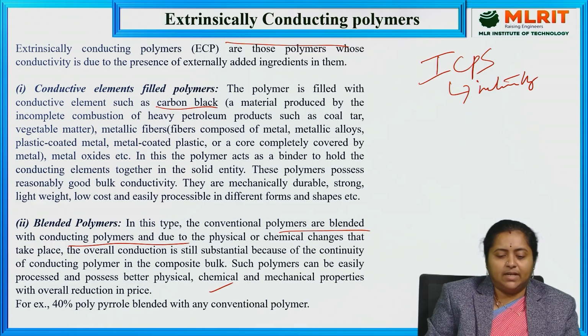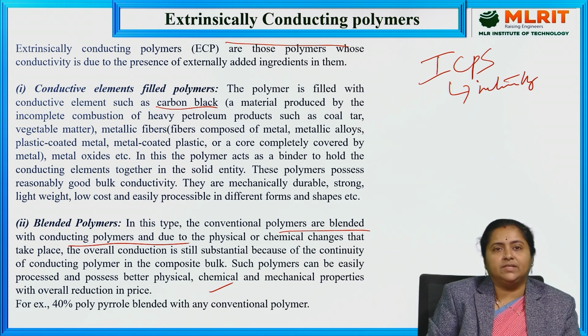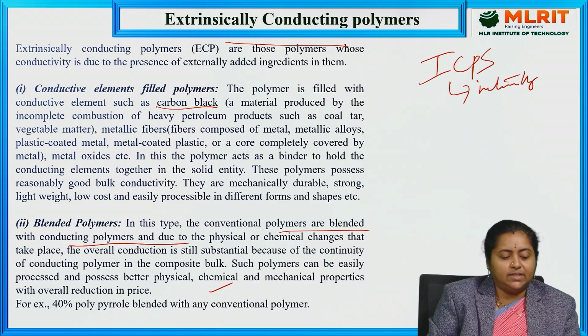So these will improve their conductivities. Such polymers can be easily processed, and they possess better physical, chemical and mechanical properties, and overall reduction in cost also will be another consequence.